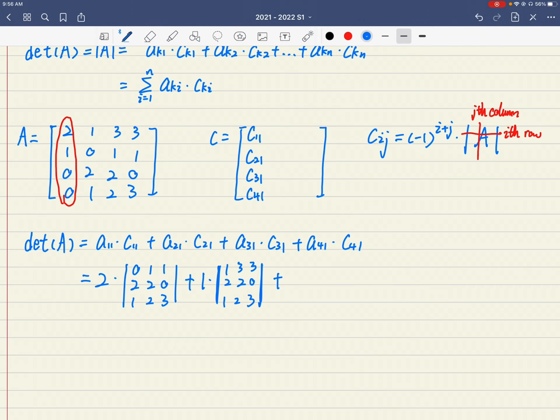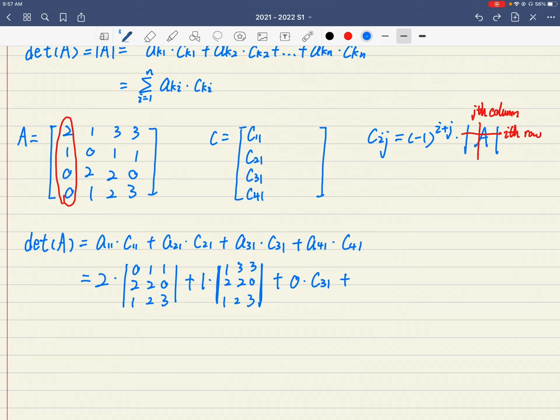Then plus A31. We love it because A31 is 0. So C31, we don't even want to write down, because whatever it is times 0, the result must be 0. So you can just write 0 here.